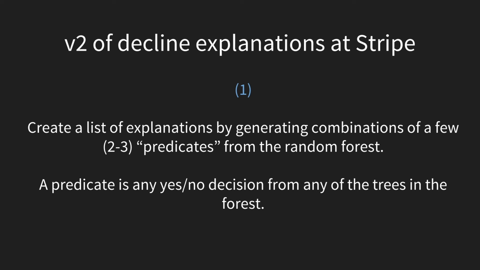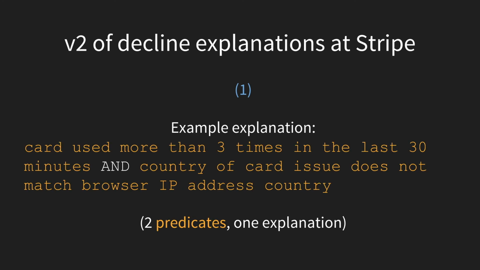That's a predicate. So we create a gigantic list of explanations based on combining 2 or 3 of these. Here's another example of a potential explanation: the card was used more than 3 times in the last 30 minutes, and the country of the card issue doesn't match the browser IP country. So there are 2 predicates in orange, and it forms a full explanation.